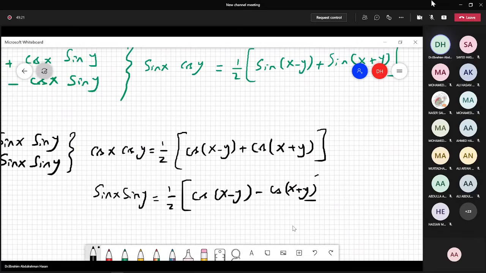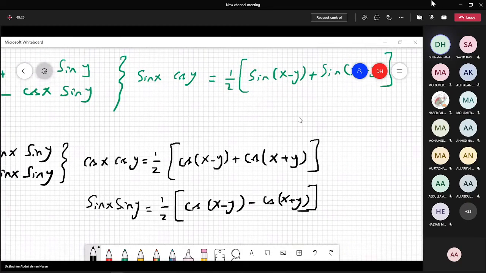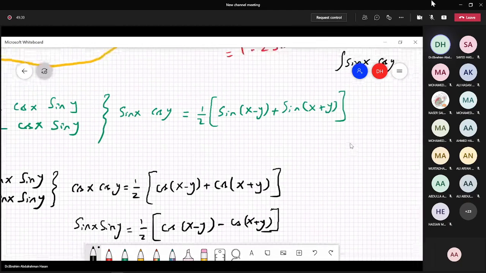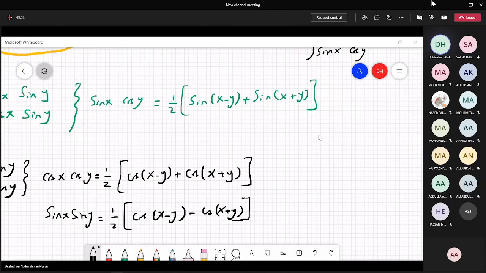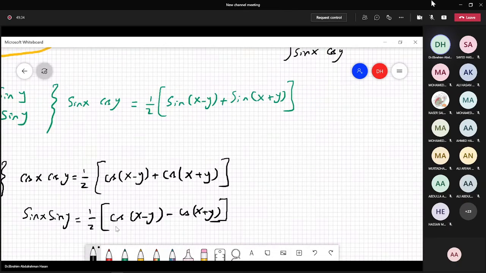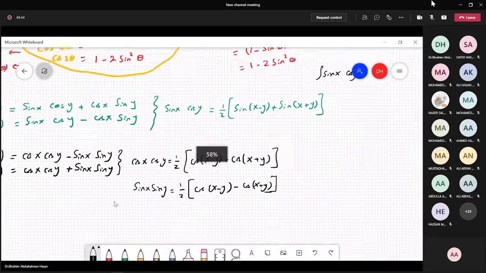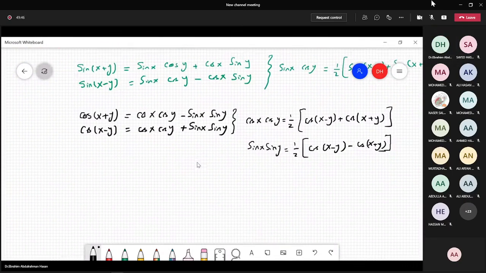And this also solves a problem: if I have the integration, for example, of sine multiplied by sine, then you need to use this property. Cosine multiplied by cosine, then you need to use this property. Is that clear?